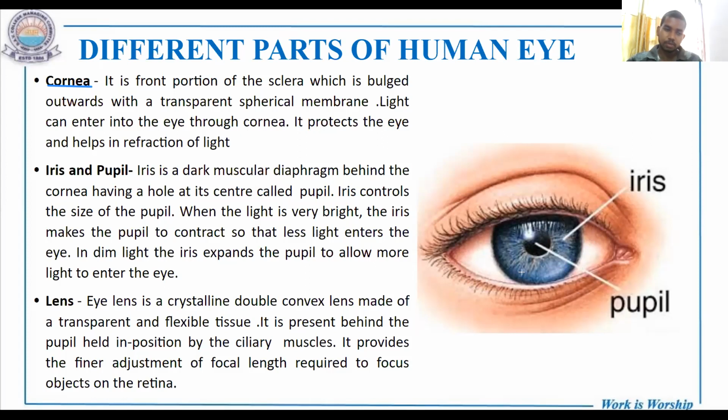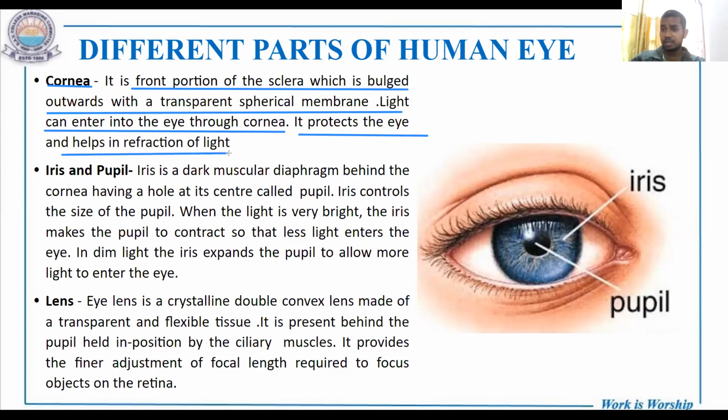So you see here, the cornea is the front portion of the sclera which is bulged outward, just like a convex surface, and it is a transparent spherical membrane. Light can enter into the eye through this cornea. It protects the eye and helps the refraction of light into the eye. So maximum refraction of light occurs at the cornea.